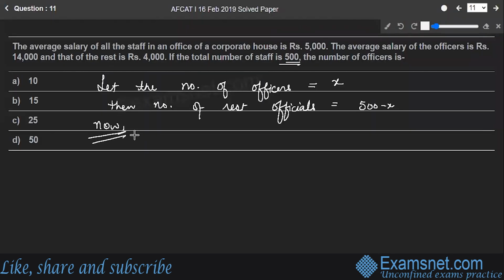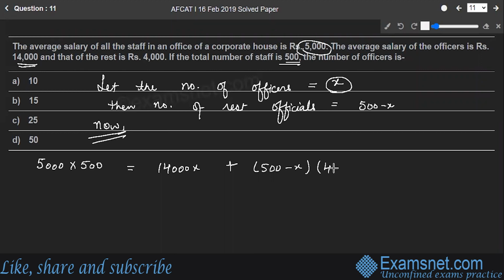Now let's talk about the salary. It is said the average salary of all the staff in the office is 5,000 and the total number of staff is 500. So that means 5,000 into 500, that is the total salary of all the staff in the corporate house, is equal to number of officers into their average salary, that is 14,000 multiplied by X, plus number of other officials, that's 500 minus X, into their average salary, which is equal to 4,000 rupees.